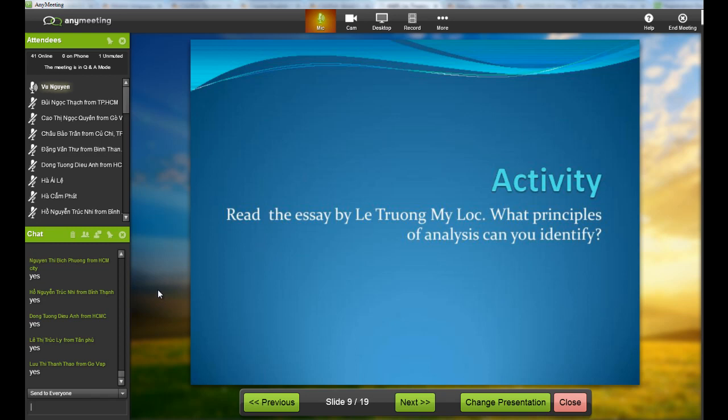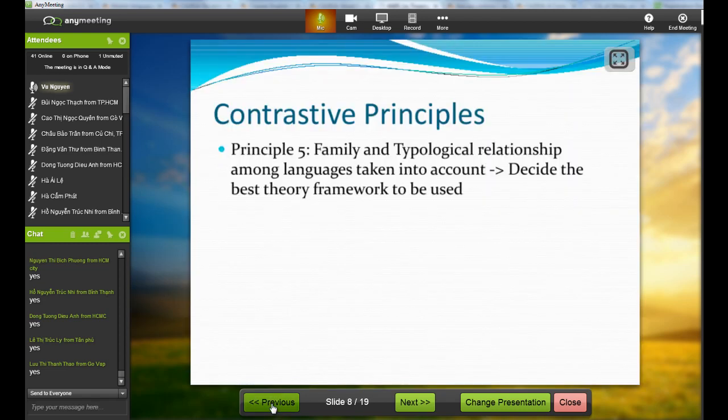What principles of analysis can you identify? Let's go back to the principles that we have discussed, the 5 principles. Did the student discuss the family and typological relationship between the 2 languages?